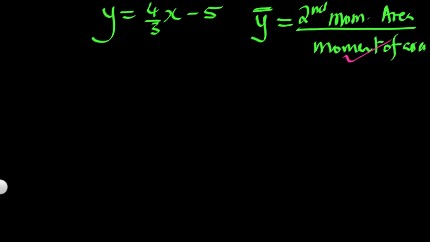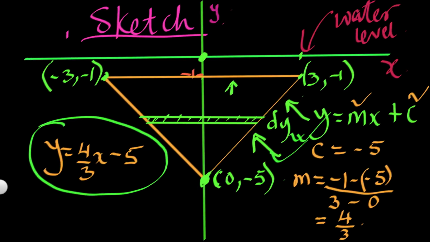We are going to rely on our strip once again. So let us go back to the strip. The strip that we drew here is a horizontal strip with a thickness dy. The length of the strip is going to be 2x.